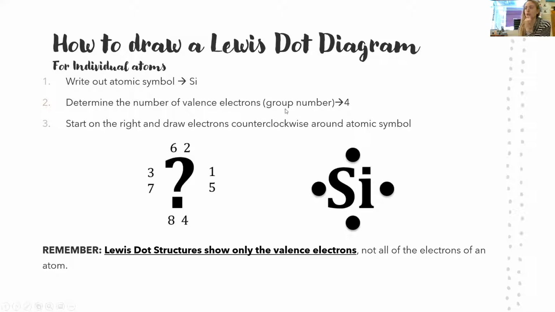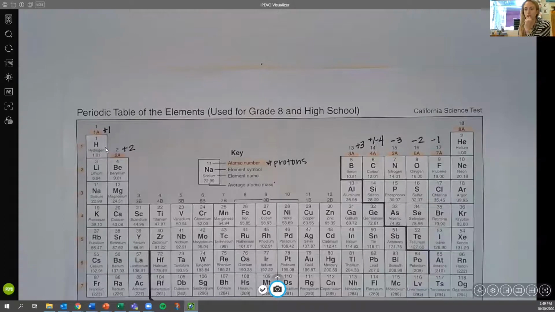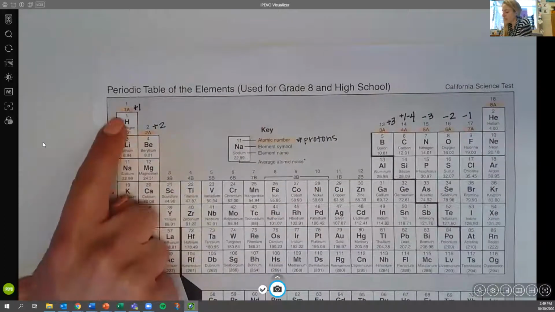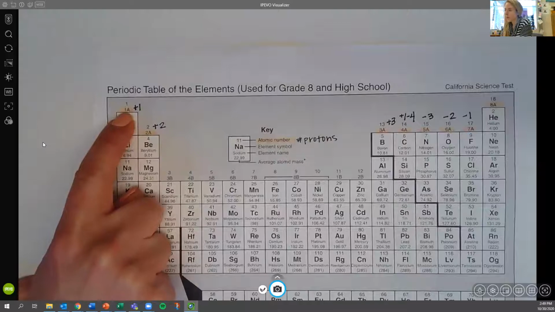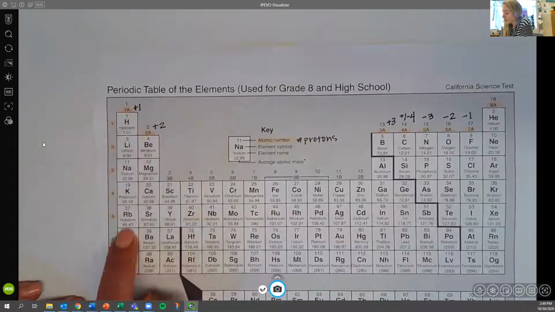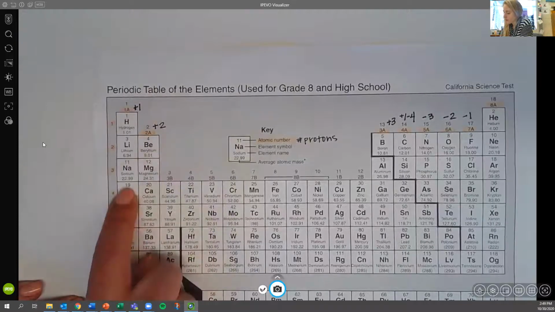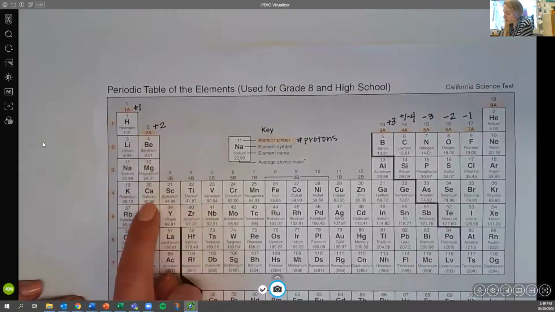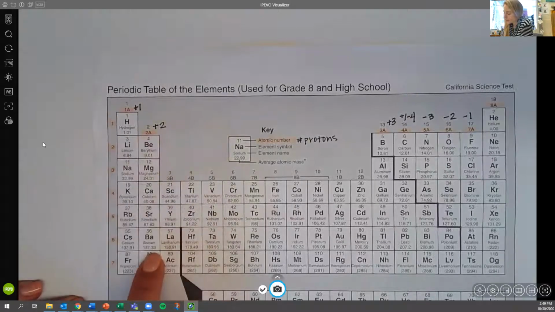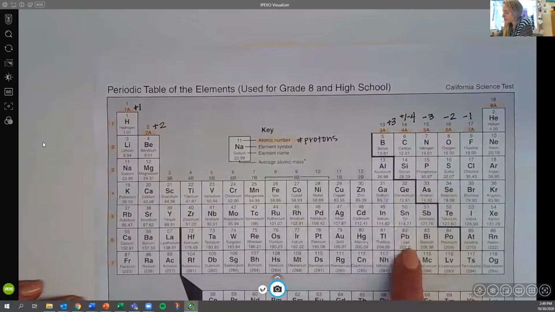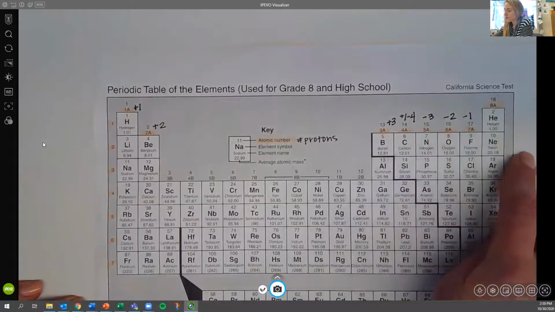So remember, this is the group number. So let me show you what that looks like really quick. So if we're on the periodic table I've given you, and we come up to this first row, it's 1A. So that means all of the elements in column 1A have 1 valence electron. We go to 2A, all of these have 2 valence electrons. 3A, 3 valence electrons. 4A, 4, and so on.